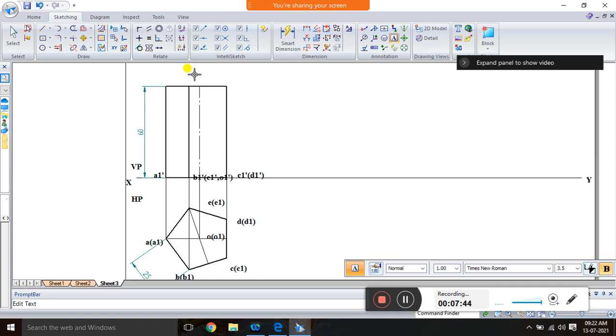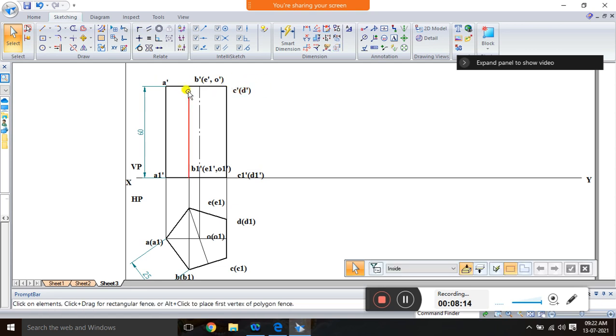Similarly here B dash visible, and E dash comma O dash not visible, and this point is C dash visible, bracket D dash not visible, and here A dash as usual visible. Okay, so these are the visible points, and these are the not visible points. If I write it in the bracket, it is not visible.